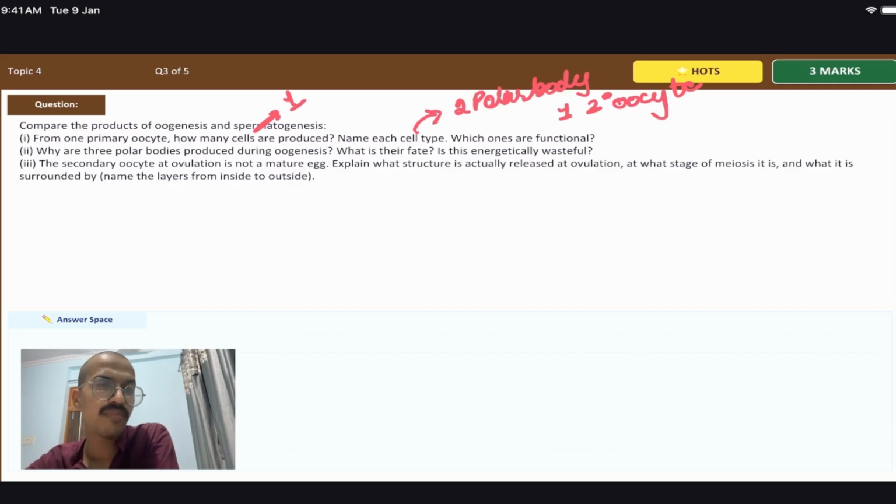Actually not 3, but basically just 2 polar bodies are formed. If the first polar body further divides, that is why it is considered that three polar bodies are formed, because it also has half of the quantity of the genetic material.